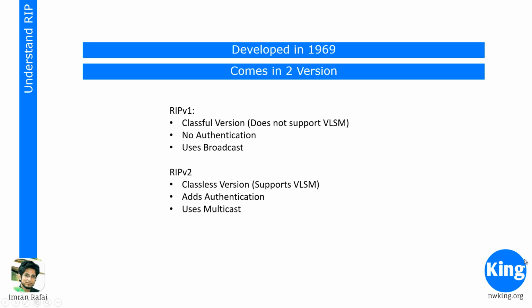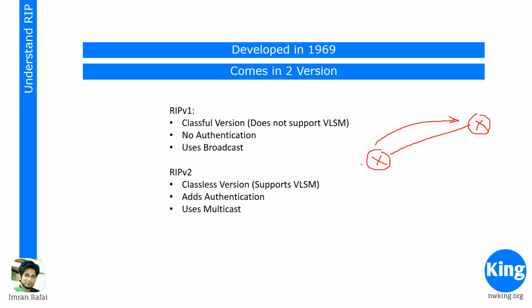So basically how RIP works is you have routers. There is a router here and a router here, and as a general rule, how routing protocols work is that a router tells its neighbor what it knows.